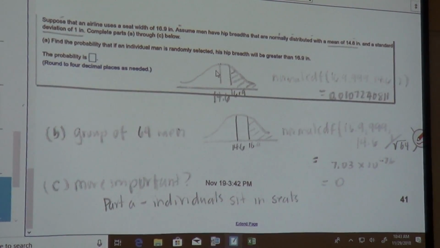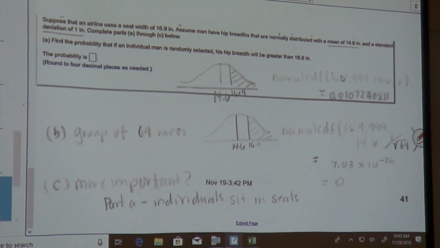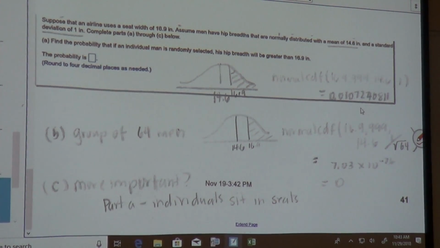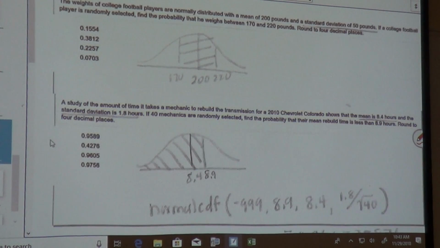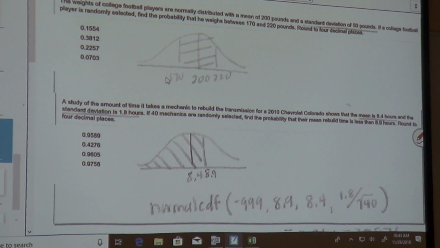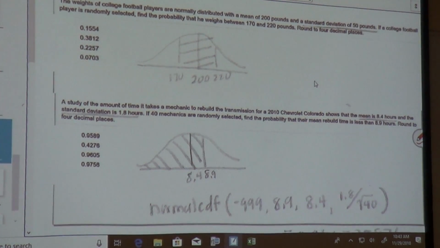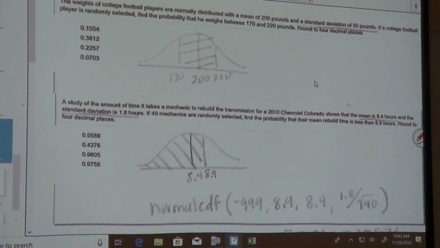There's another one, single piece of data, 64. That and that are exactly the same thing, except I did divide it by 64. This is just regular. If a college, that's one piece of data.